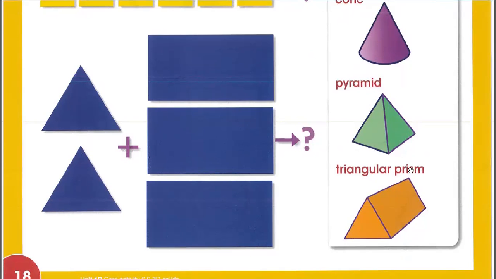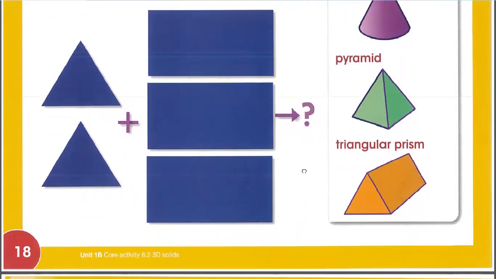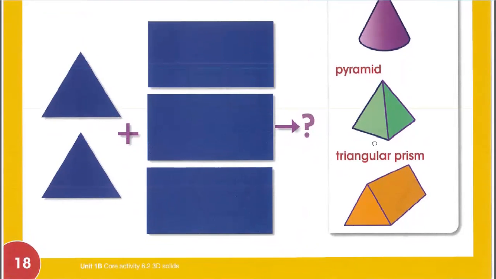This is triangular prism. If you see a triangular prism, you will know that two shapes are mixed together. From here we have triangle, and from this side we have rectangle.